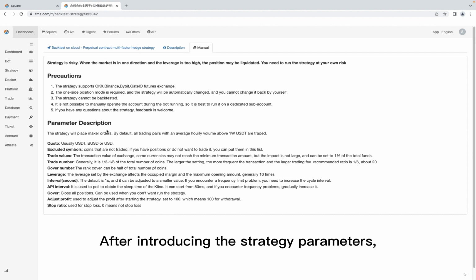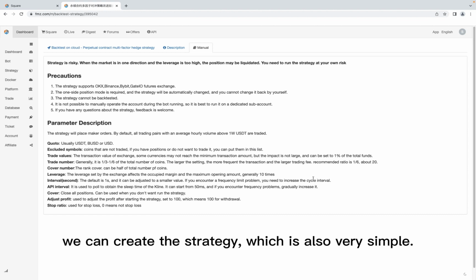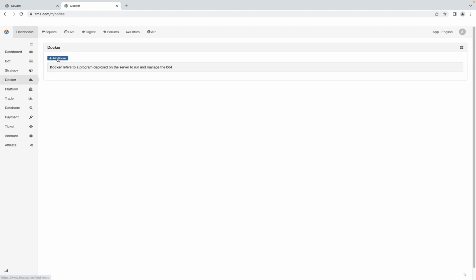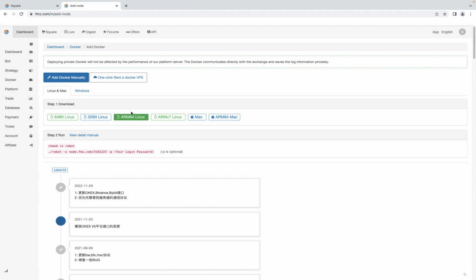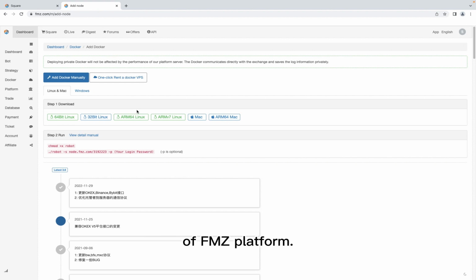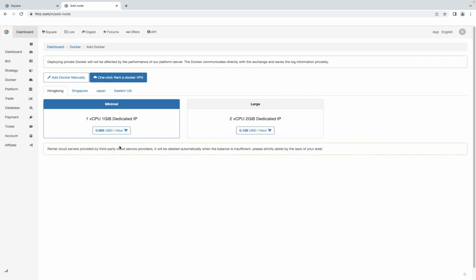After introducing the strategy parameters, we can create the strategy, which is also very simple. We need to deploy a Docker first. We can use the one-click Docker deployment function of the FMZ platform.